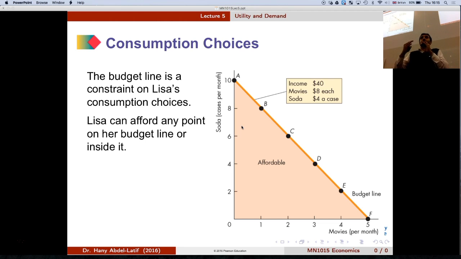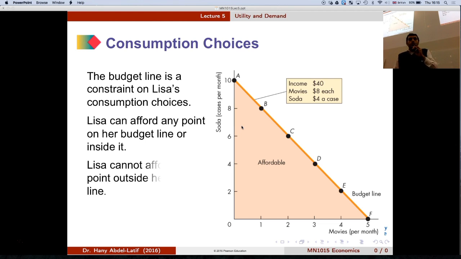But the difference is that on this budget line, she spent all her income. Any point below that, she can afford, but that means she's not spending the $40. She's spending less than $40, but it's still affordable.